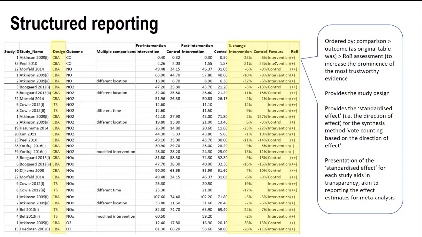So here we've got favours intervention, control. Very clear when you look at the data to see where that comes from. So the presentation of the standardised effect essentially aids in the transparency, and it's akin to reporting effect estimates for meta-analysis. So that's what we can do in terms of structured reporting.